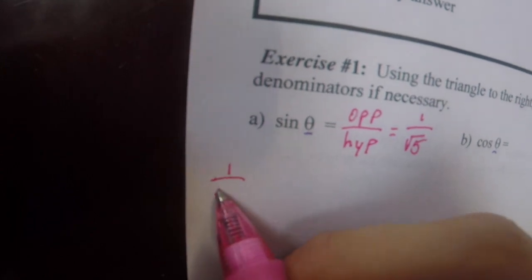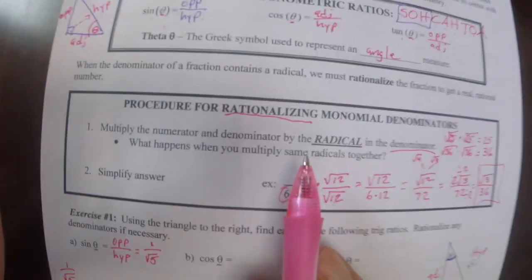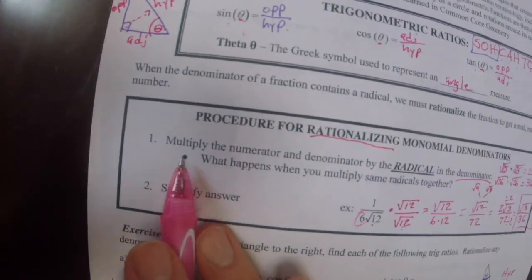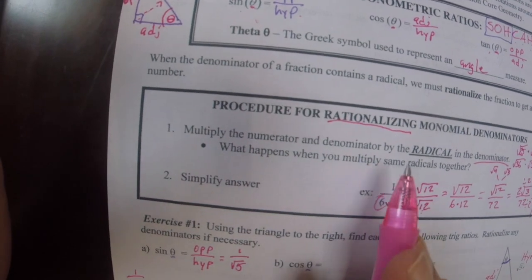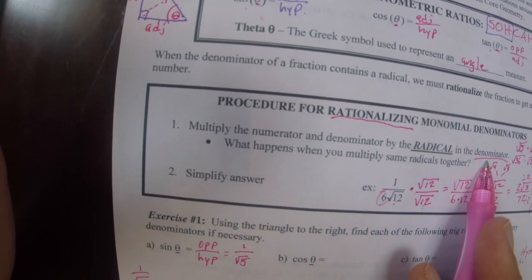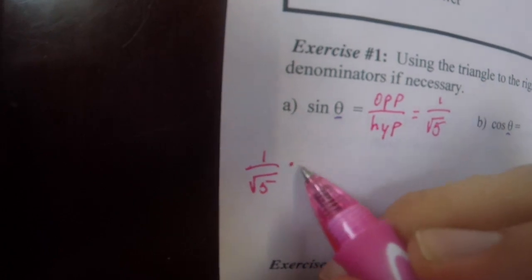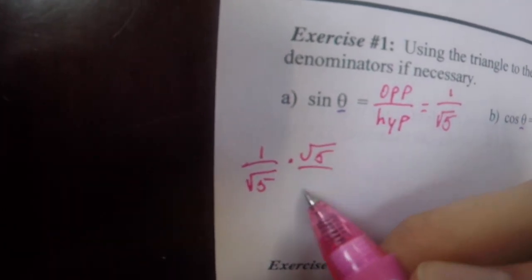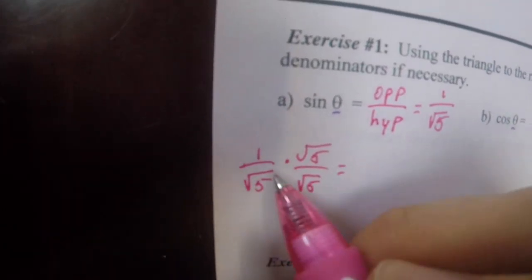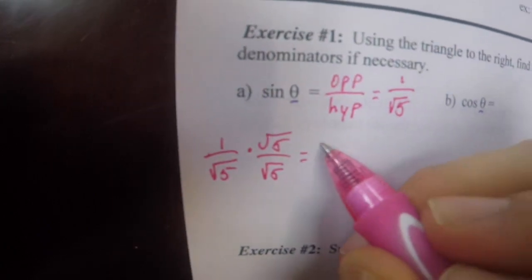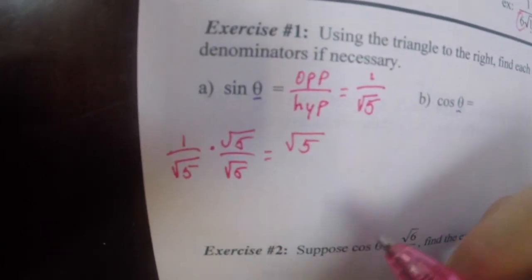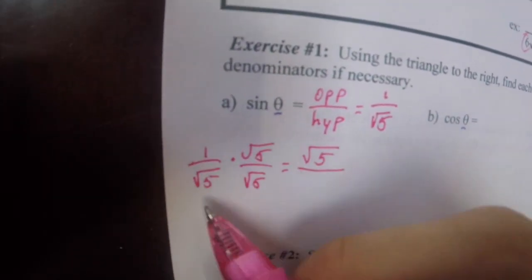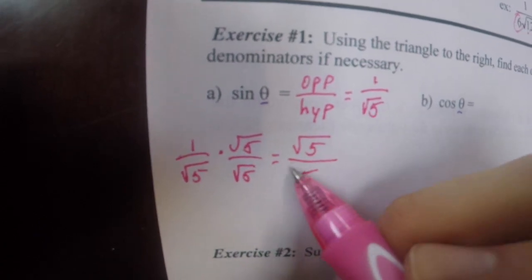So what do we do? We rationalize the denominator by multiplying the top and the bottom by the radical in the denominator. The radical is 5, so we're going to multiply the top by radical 5 and the bottom by radical 5. And 1 times radical 5 is radical 5. That's okay. Radicals in the top are perfectly fine. And radical 5 times radical 5 is 5.